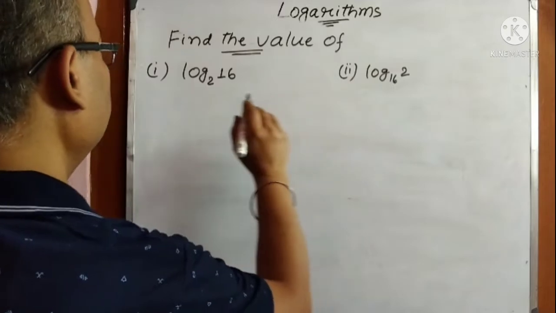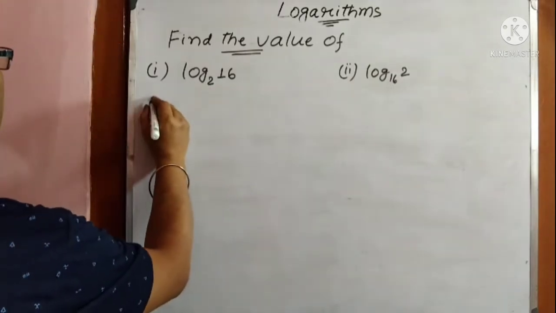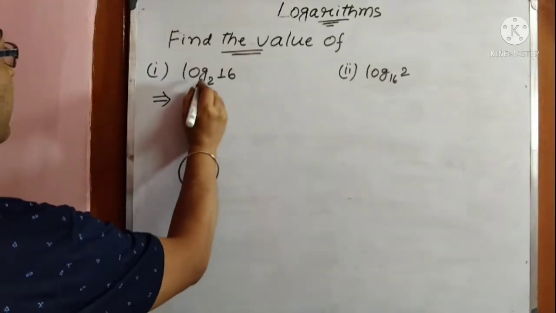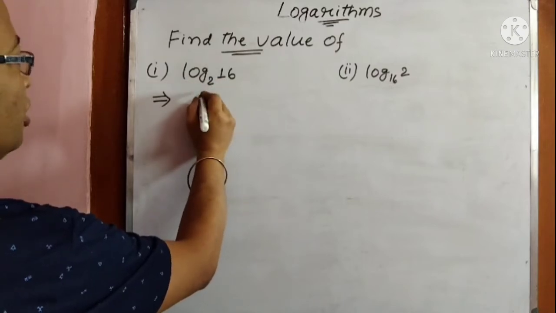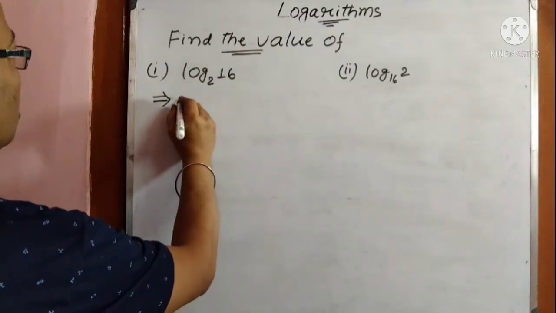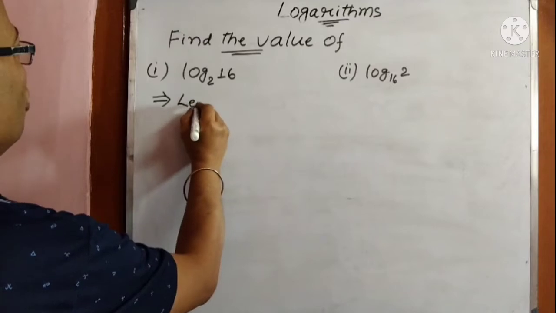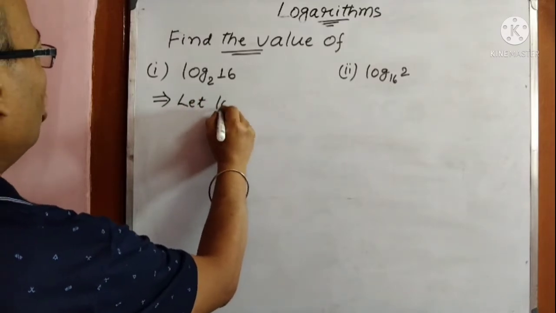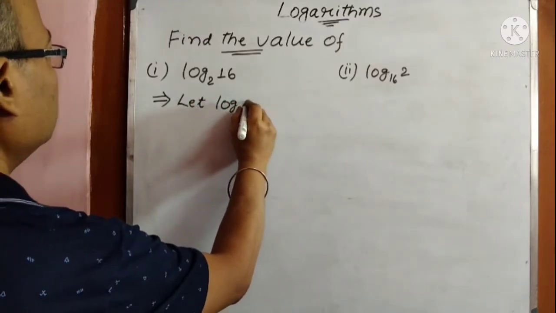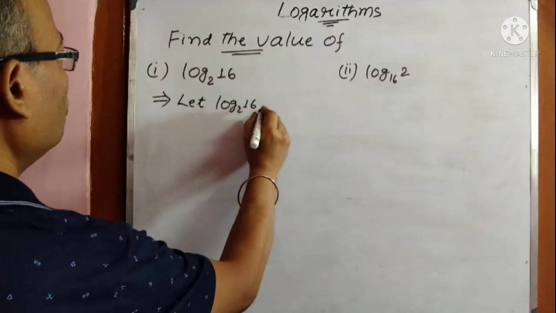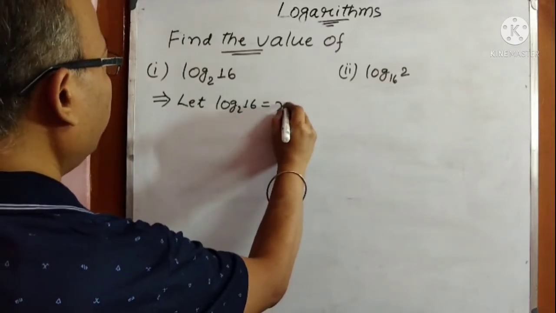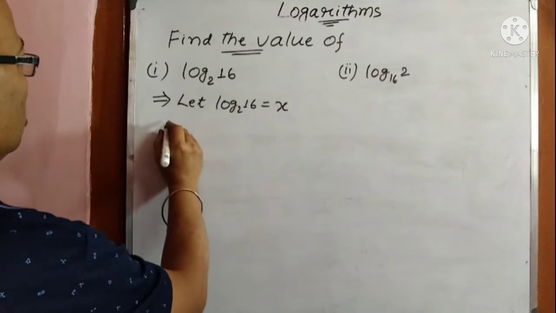Now, we have to find the value of log 16 to the base 2 and another question log 2 to the base 16. So, first we will take this one. How will we find out the value of log 16 to the base 2? So, we will assume let log 16 to the base 2 is equal to x. Clear?